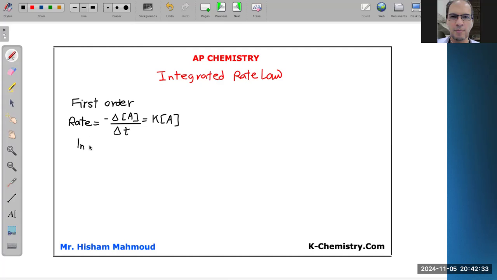So I will say ln of the concentration of A at time T equals negative K multiplied by time, added to the ln of the concentration at time 0. If I made a graph between time and the ln of the concentration at time T, then I will get a straight line like that.